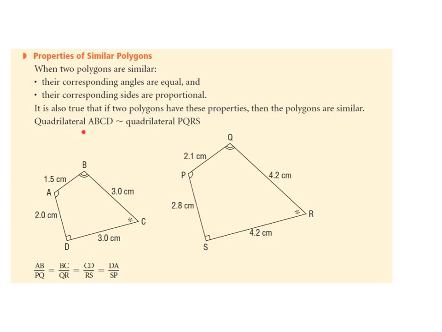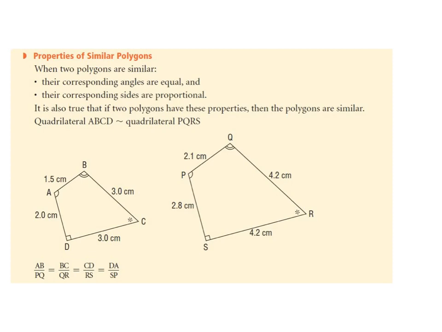So when they tell us that they are similar, we can assume that angle A is the same as angle P, B is the same as Q, C is the same as R, and D is the same as S. And they've actually helped us with that. They've given us matching symbols in each angle that tell us that the angles are exactly the same.